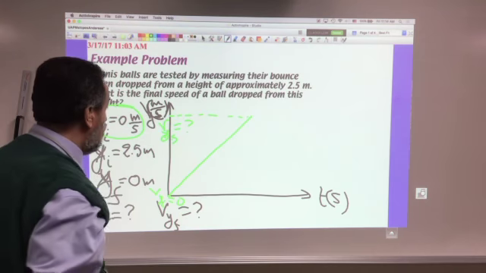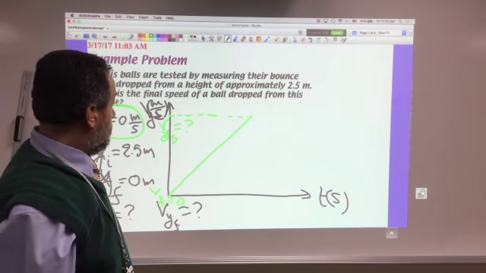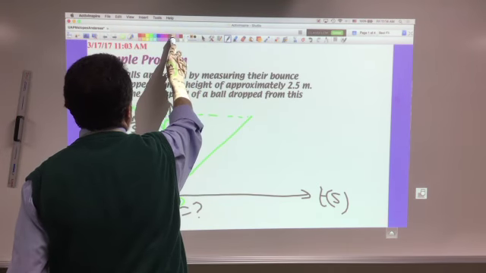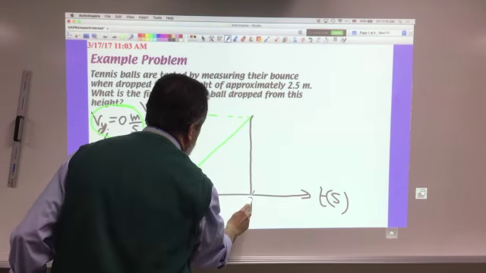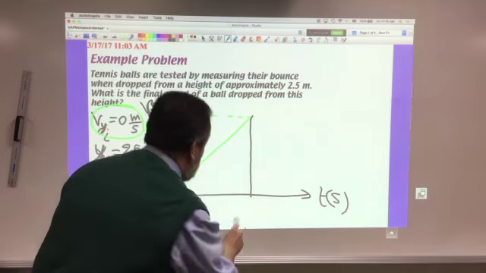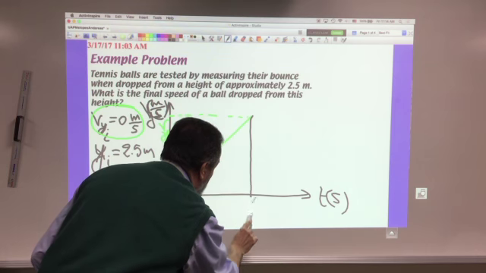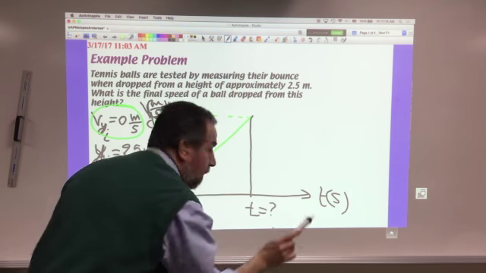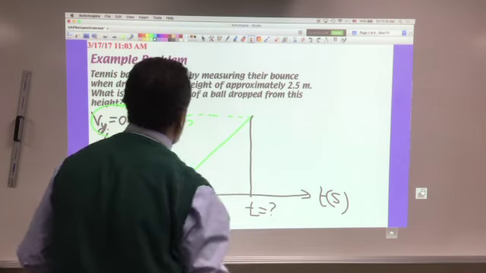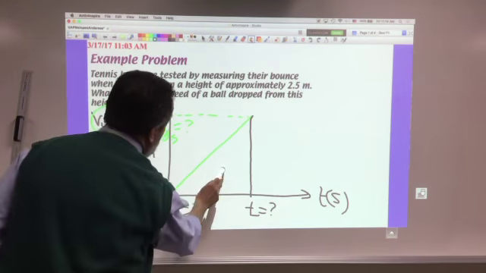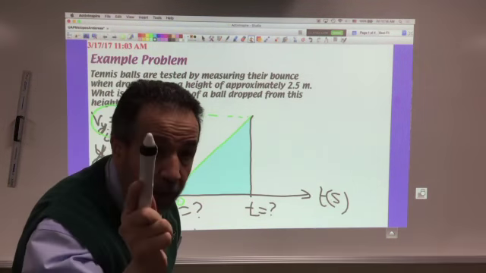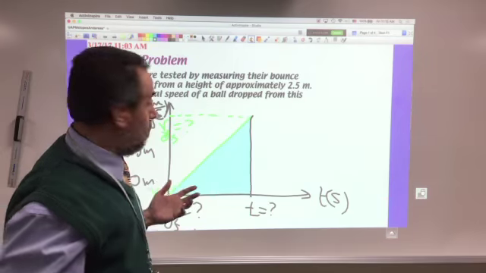Whether I like it or not, at a certain time t later, this is unknown to us, and for now we're not going to panic about it. We are going to take this and get an area. You should have thought that the area would have to be equal to the displacement.